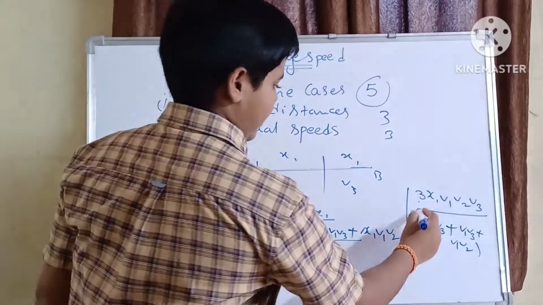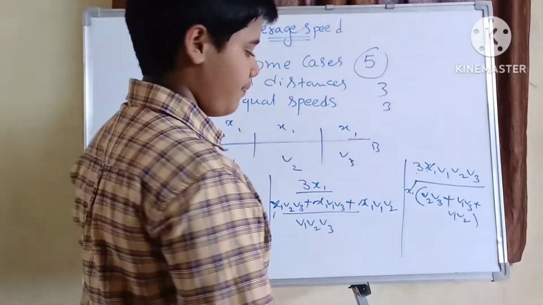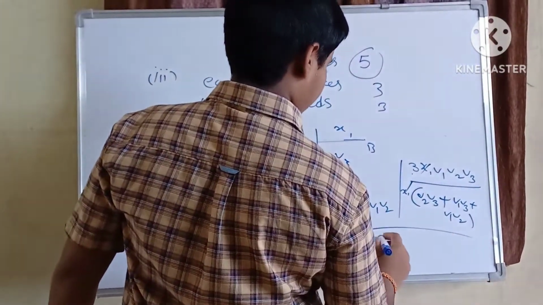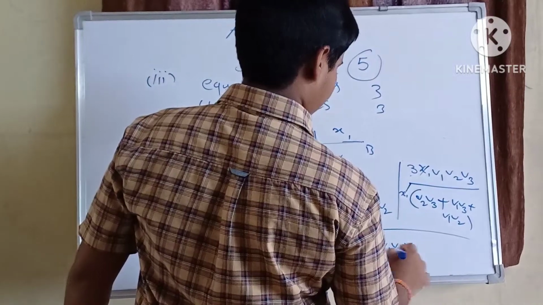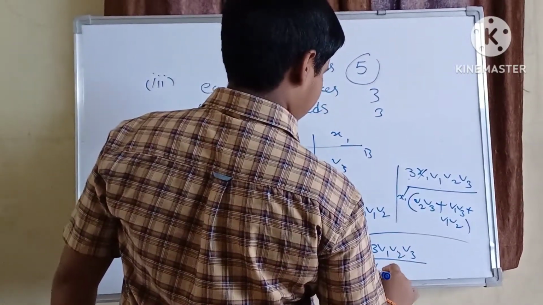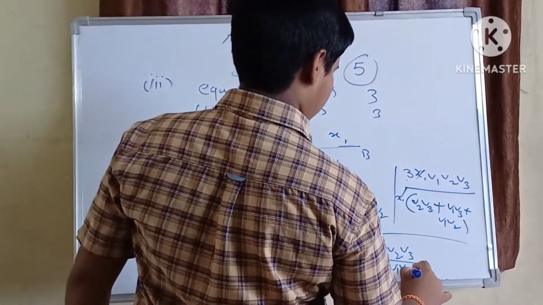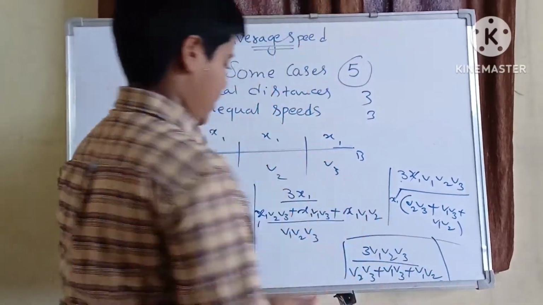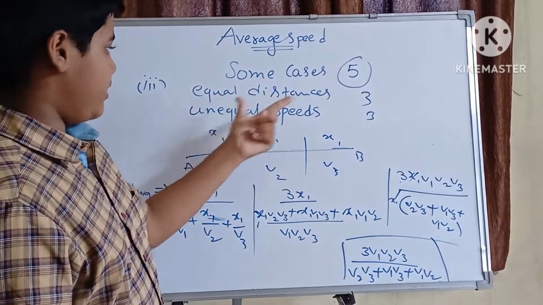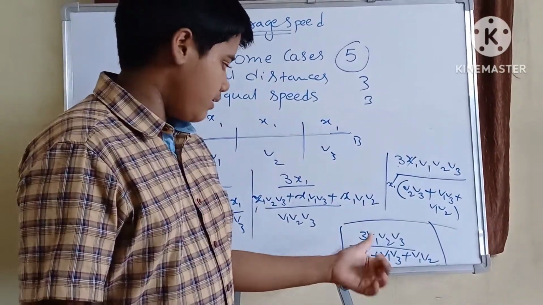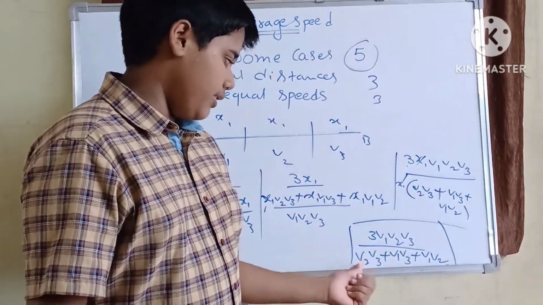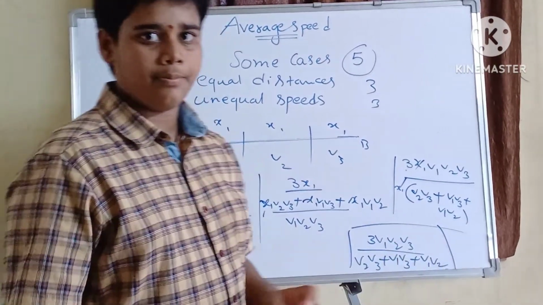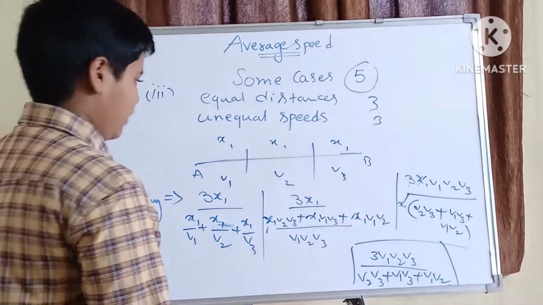Here x1 gets cancelled, so the third equation is 3v1 v2 v3 by v2 v3 plus v1 v3 plus v1 v2. This is the third formula. Equal distances and unequal speeds means 3v1 v2 v3 by v2 v3 plus v1 v3 plus v1 v2.